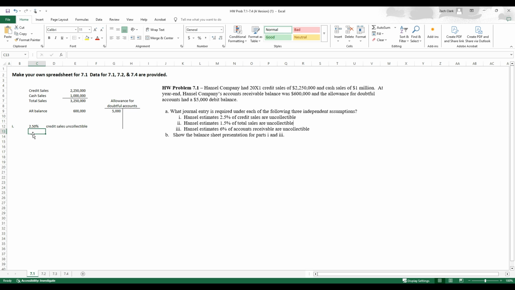And essentially what we'll do then, we have credit sales up here. So we're going to take the 2.5% times the full amount of the credit sales, or 56,250, and then that will become our bad debts expense.